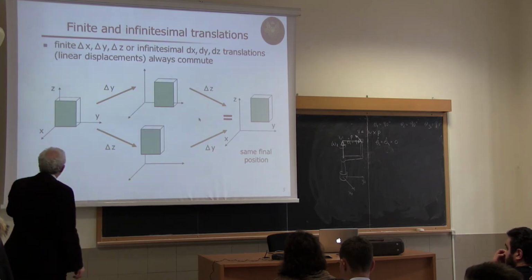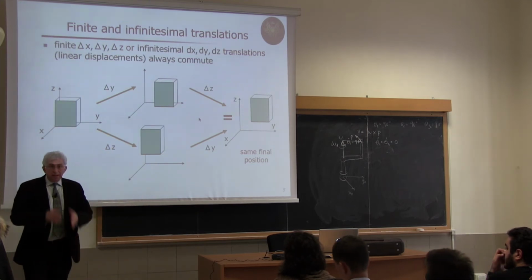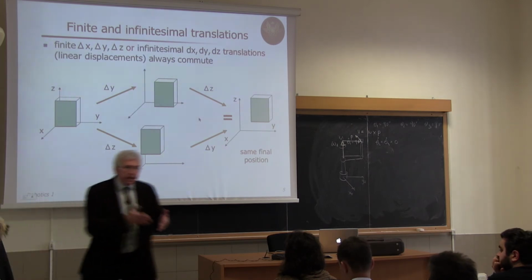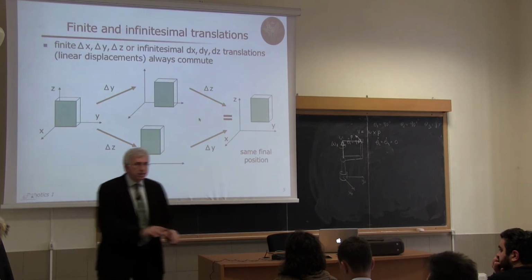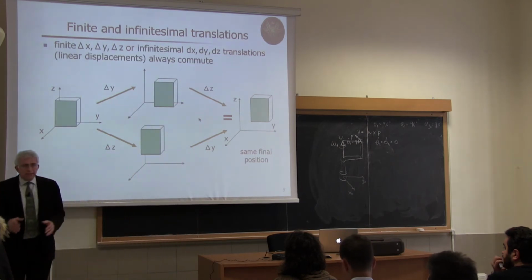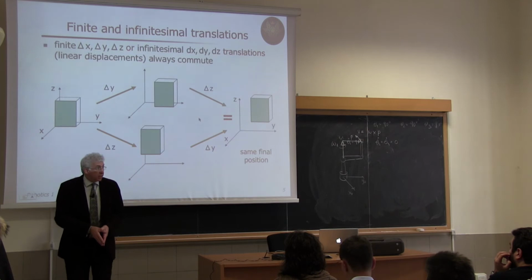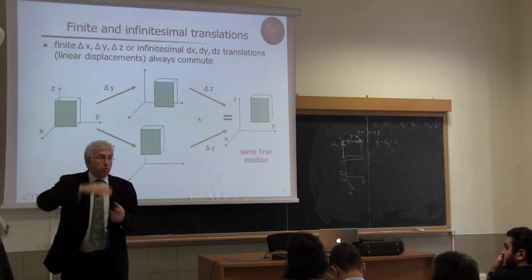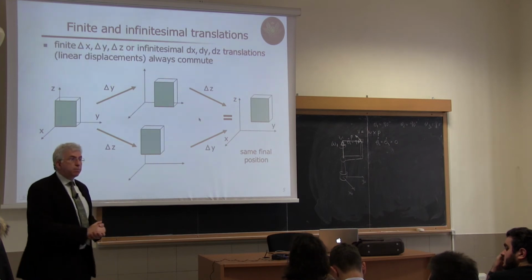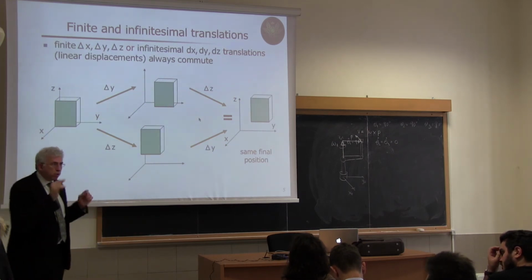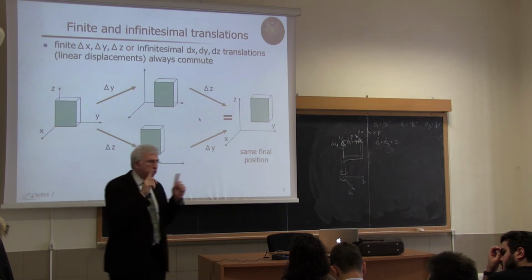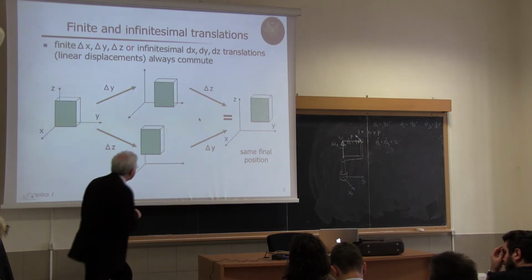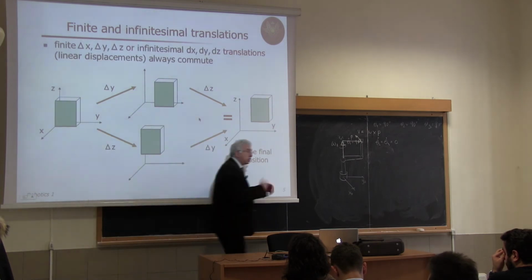If I'm moving first in this direction by 1 meter and then in this direction by 1 meter, it is exactly the same final result as if I'm first moving in this direction and then in this direction. And this is true both for finite motion and for infinitesimal motion, which is what is of interest when I'm talking about velocities. Same final position, so the sequence doesn't matter.